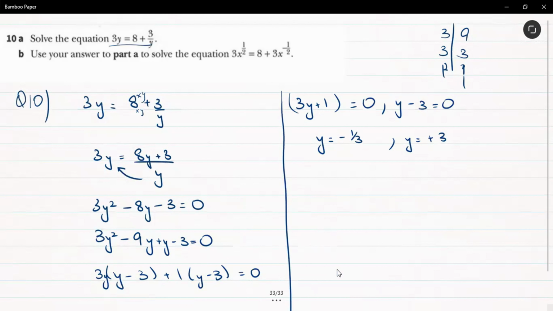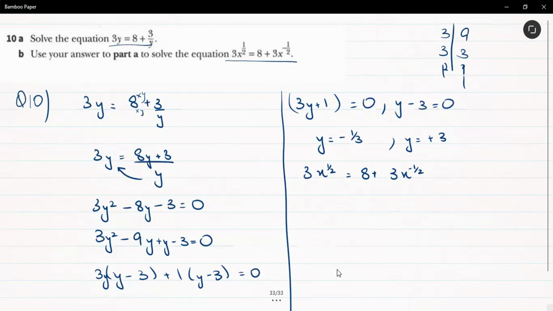positive 3. And again, as before, they have given us x raised to the power. Now this is kind of different because they have demanded something else. They've said that 3 raised to power x 1 over 2 is equal to 8 plus 3x raised to power negative 1 over 2.